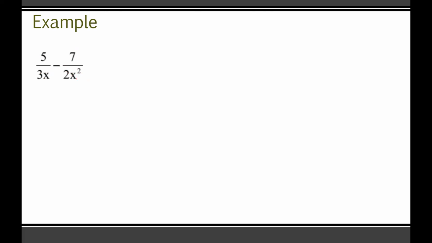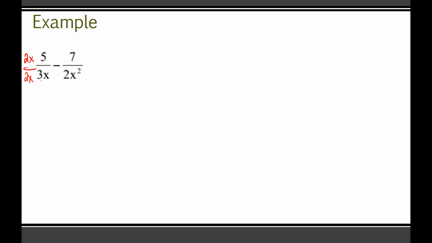The next step is we want to make the denominators identical. In a case like this, because we have numbers as well as variables, we have to think outside the box and think, what would we need to multiply both sides by in order to get the denominators to be the same? Well, because this is 3x and this is 2x squared, I can multiply the top and the bottom of this left fraction by 2x, not 2x squared, just 2x.